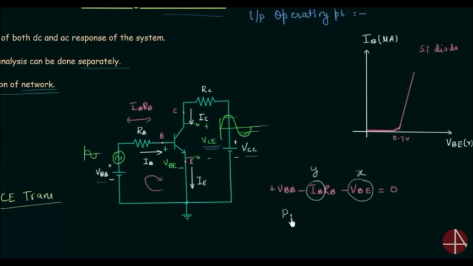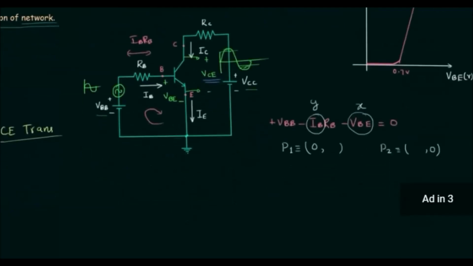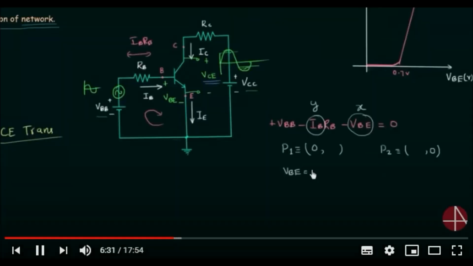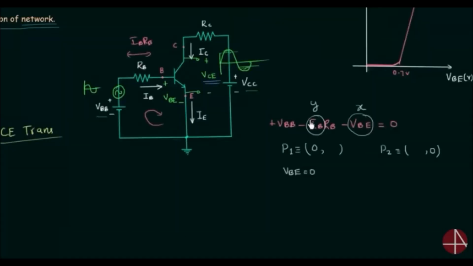Let's say the first point is P1, and this point has x coordinate equal to 0, and we have to find out the y coordinate. In the second point, P2, the y coordinate is 0 and we have to find out the x coordinate. This means in the first point VBE is equal to 0 and we have to find out the value of IB.